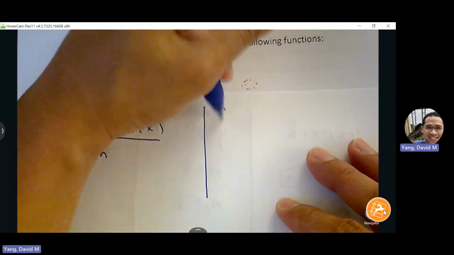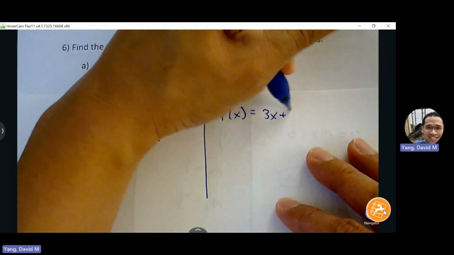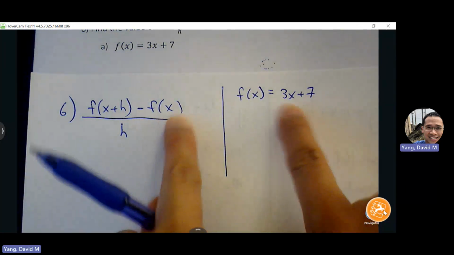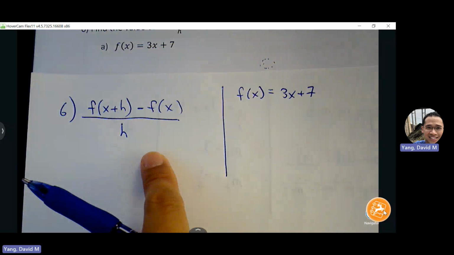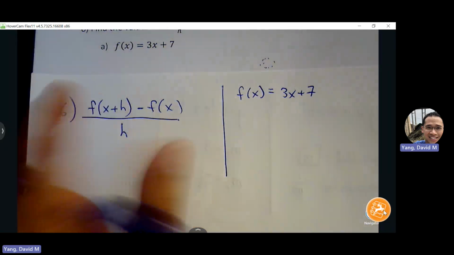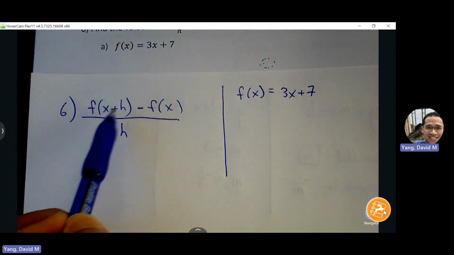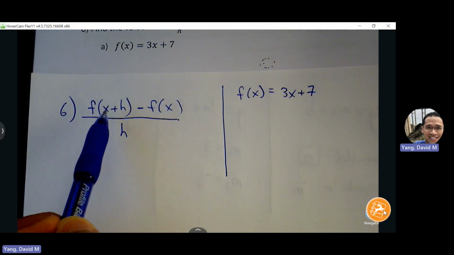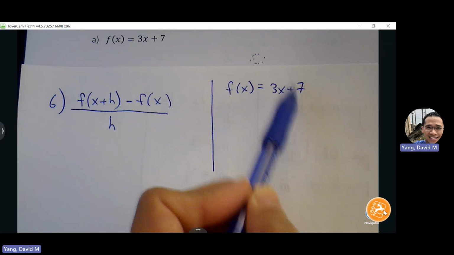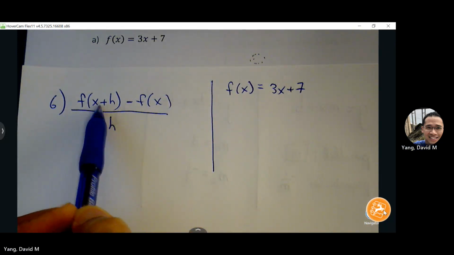My function is f of x equals 3x plus 7. If I want to make a substitution, this piece is ready to go. I can replace f of x with 3x plus 7, and there's no work required. That's easy to do. The thing that students have a little more trouble with is how to build this f of x plus h. The way that I think is easiest is to see if we can create a space where that x plus h is going to go.